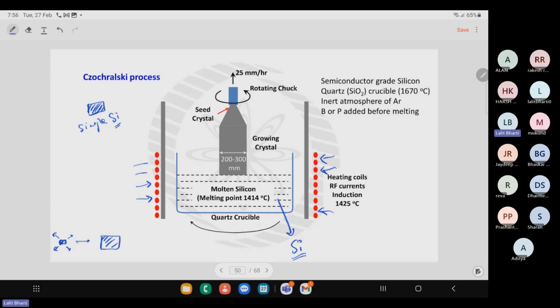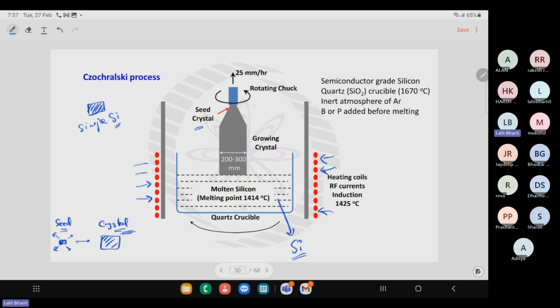This crystal follows the same orientation of atoms as the seed. If your seed is highly pure, your final crystal will also be pure. That is why the seed is used here.